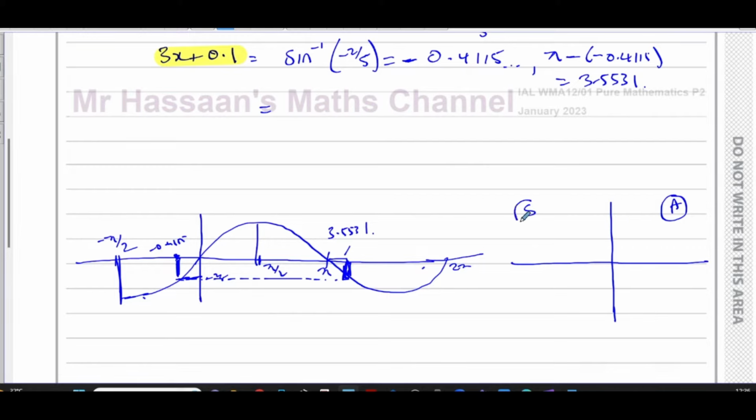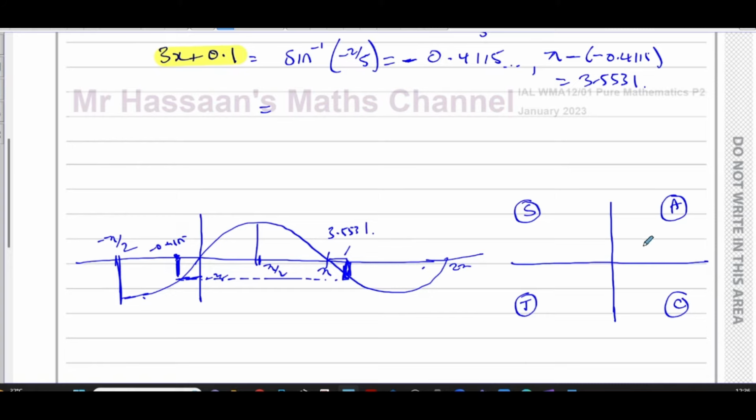In the second quadrant, between 90 and 180, only the sine will give you a positive ratio. Between 180 and 270, only the tangent will give you a positive ratio, and between 270 and 360, only the cosine will give you a positive ratio. ASTC.